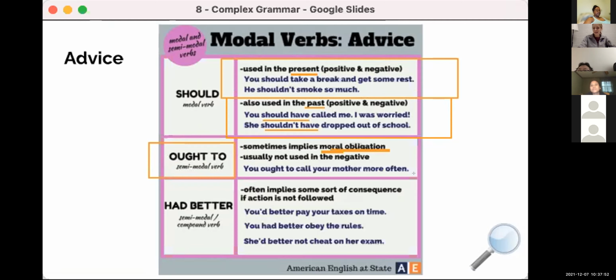It's not just about advice about what I think, but advice based on some bigger idea behind us. Could be the law or could be a religious conviction. And we don't use it in the negative in American English. You ought to call your mother more often.